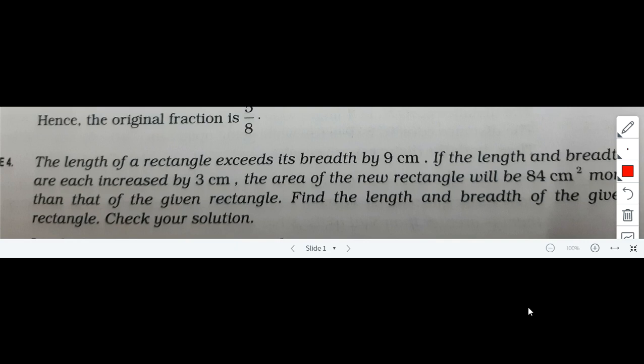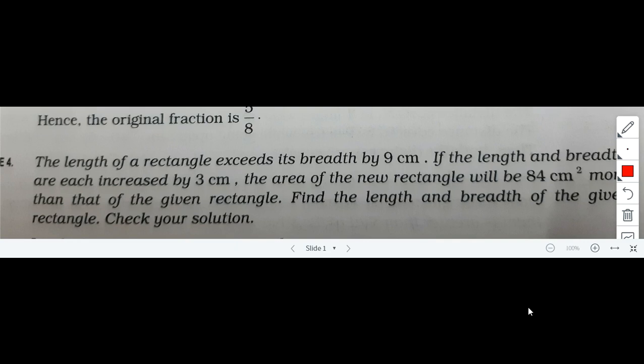If the length and breadth are each increased by 3, the area of the new rectangle will be... I'm not understanding the question.